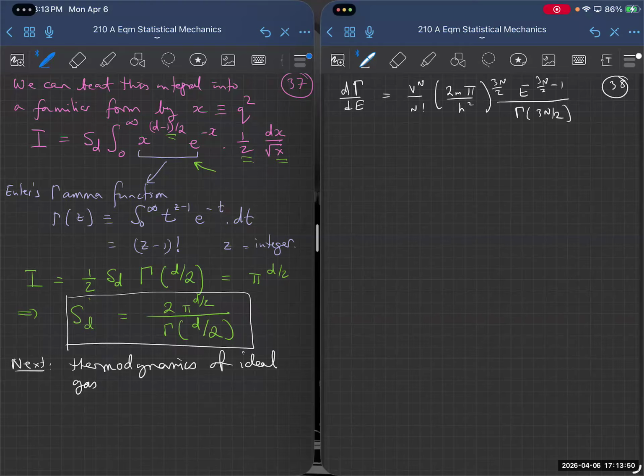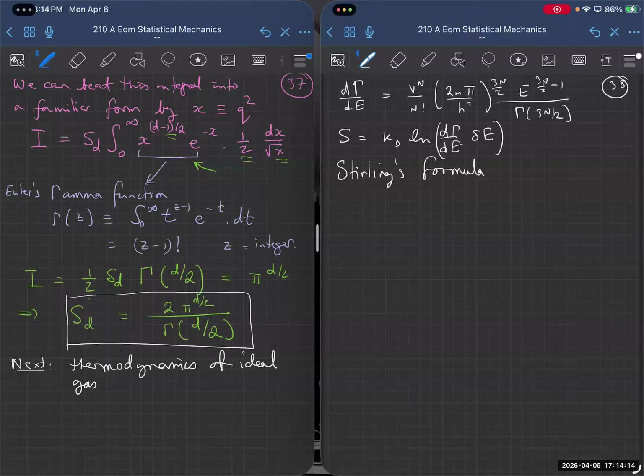I'm going to compute the entropy, which is k log (dΓ/dE ΔE). That's the entropy that we want to compute. We're going to use Stirling's formula, which says that if I want to compute the logarithm of x factorial, for large x, that is x log x minus x.